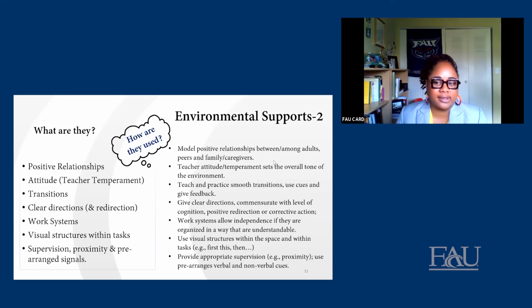Give clear directions that are commensurate with the level of cognition of the children. Sometimes we as teachers give very complex directions and do not think about the level of cognition and where our children are, whether those are 1-step, 2-step, or 3-step directions, depending on what they're able to process and then give back to you. Use positive redirection or corrective action when needed.